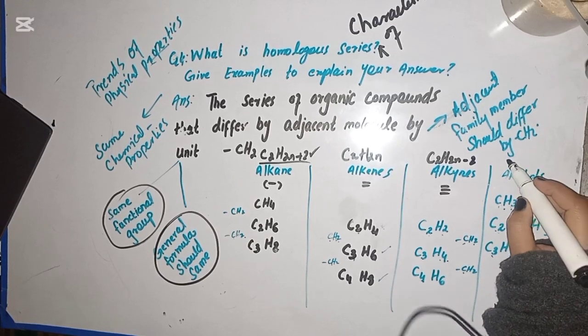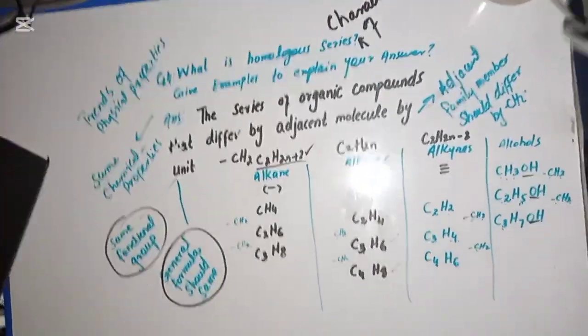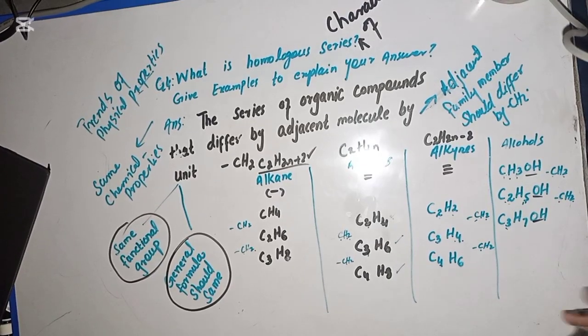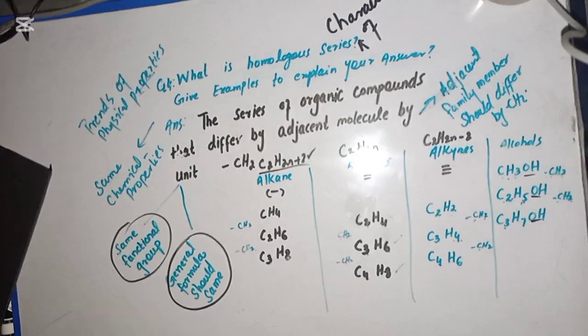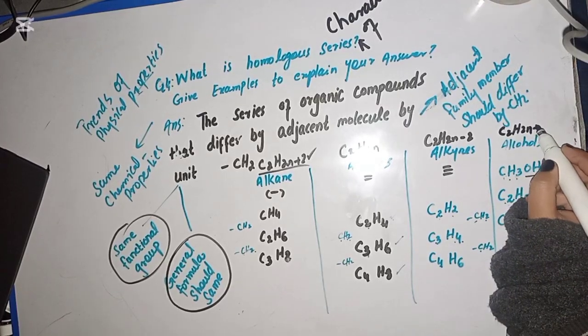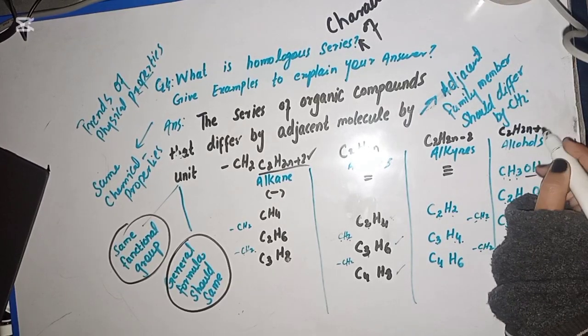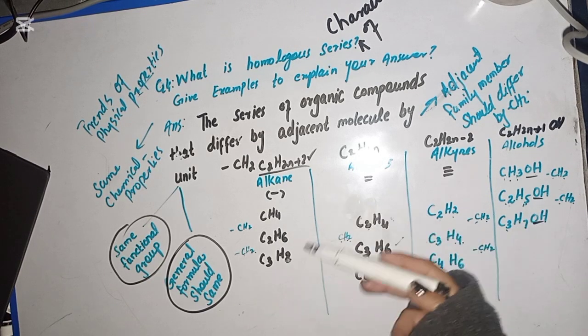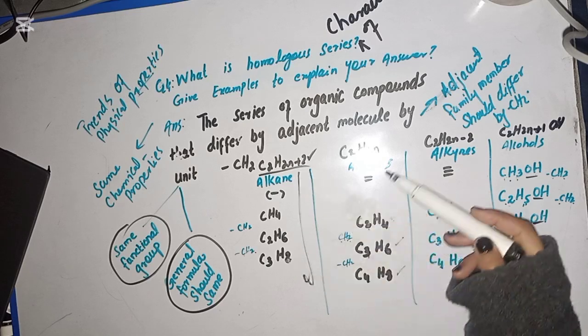For alcohol, CnH2n+1 and then OH. We follow this general formula for alcohols. The general formula for the whole homologous series should be the same.